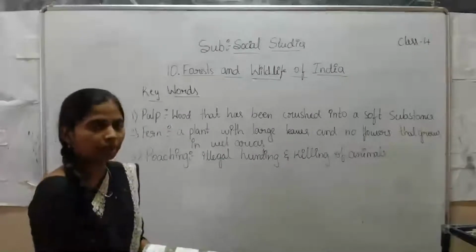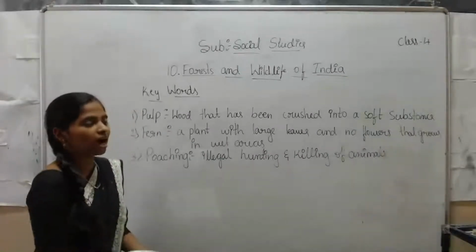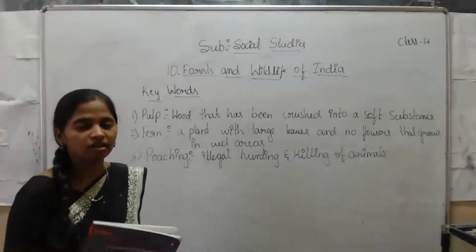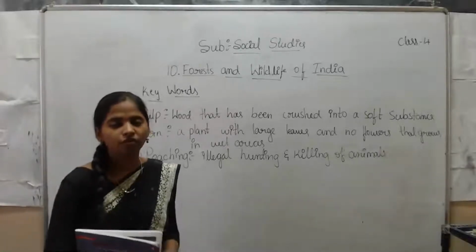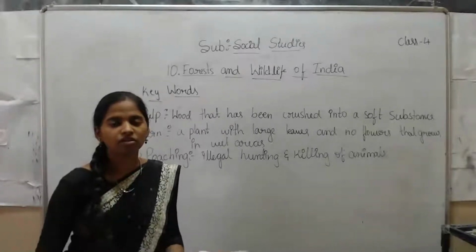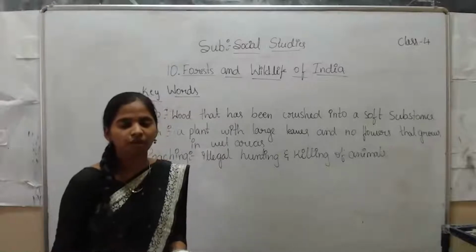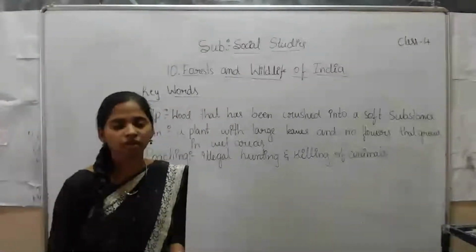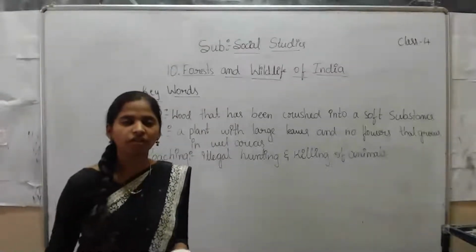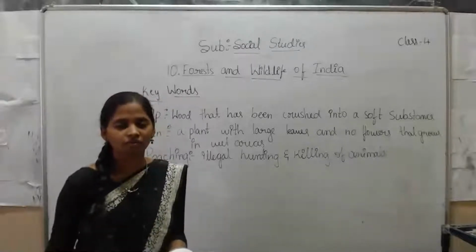First one is pulp. Pulp is wood that has been crushed into a soft substance. For example, if we take a fruit, there is a soft inner matter inside the fruit, no? If we crush that soft inner matter, there will be liquid forming after that.